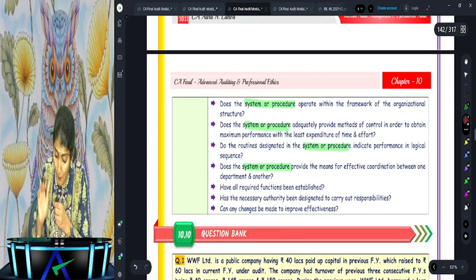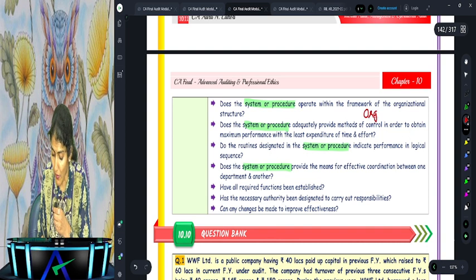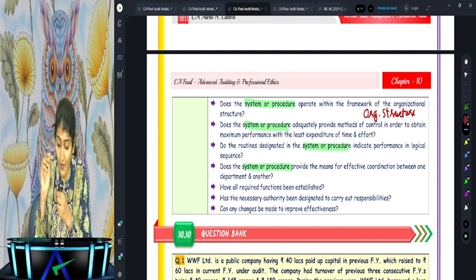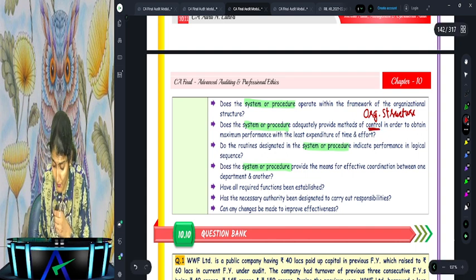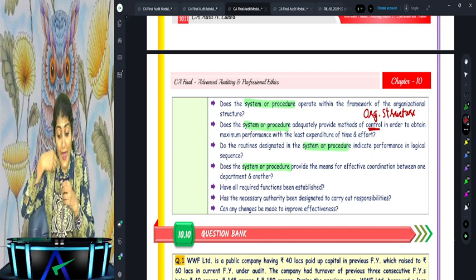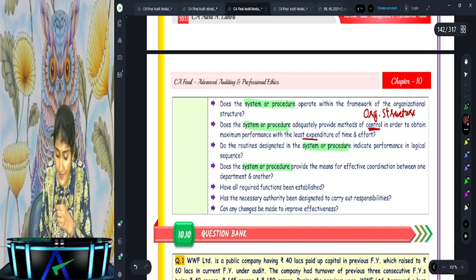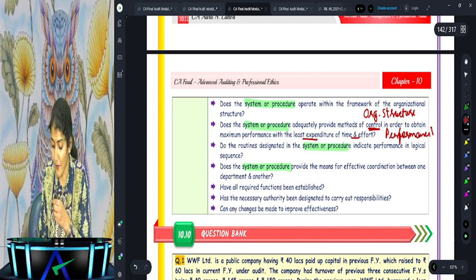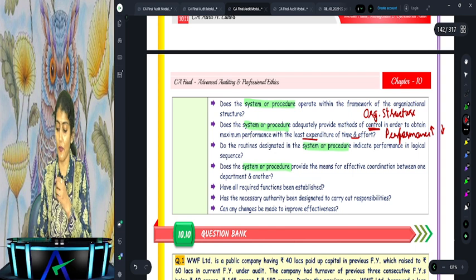Then whether it operates within the framework of the organization structure. Right? So whether it is properly maintained in the organization structure. Then what does it say? Methods of control in order to obtain maximum performance with the least expenditure of time and effort. So the next point is the maximum performance with the least expenditure of time and effort. Are you understanding that?